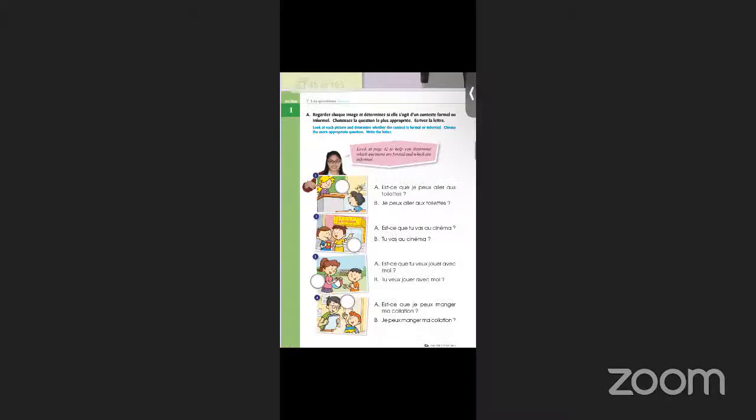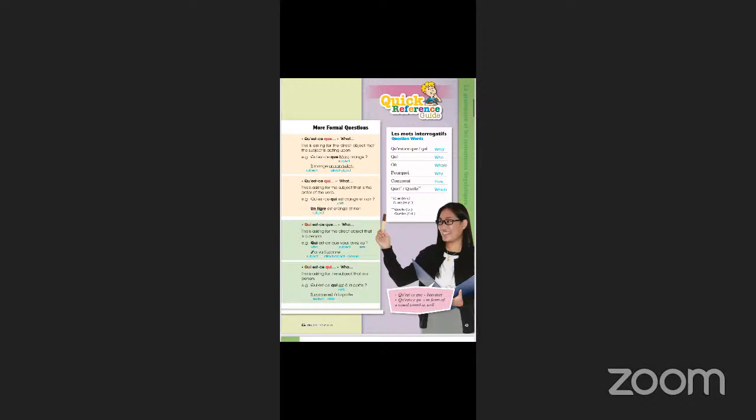So this is the French worksheet that I will be posting. You have to answer, okay? And they explain it here, so you have to read. This is asking the direct object that the subject is acting upon. So when you add Que, Mark is the subject, manger, right?